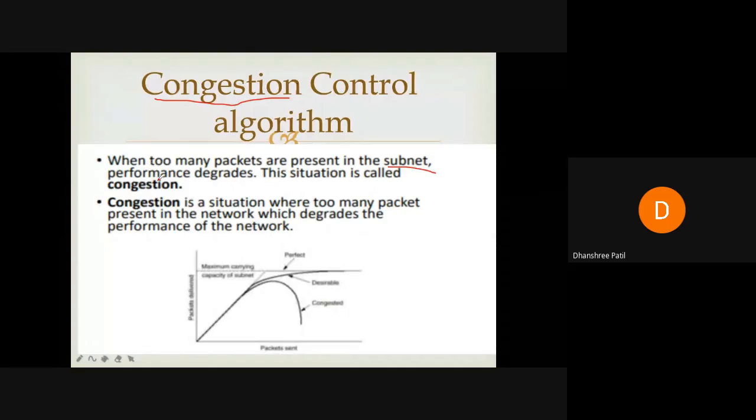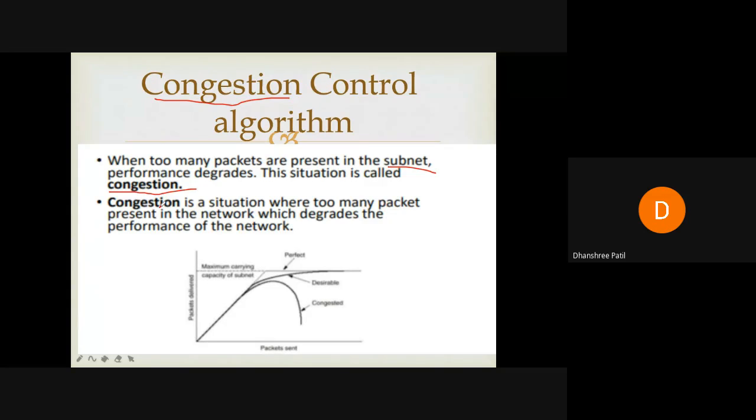It is nothing but the congestion. When too many packets are present in the subnet or the network, then performance degrades and this situation is called congestion. जे गर्दी खूप गर्दी झालेली आहे आणि त्यामुळे काय होतं तर परफॉर्मन्स डिग्रेड होतो आणि ह्या सिच्युएशनला काय म्हणतात तर कंजेशन.